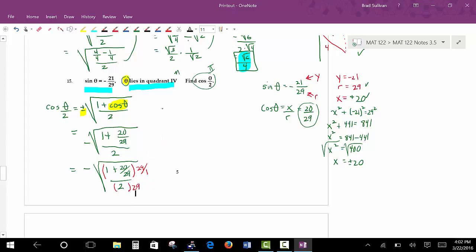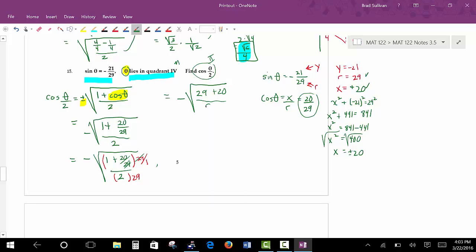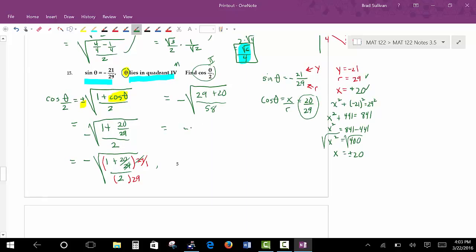Okay, let me pause. So when I multiply this out, I'm going to have 29 times 1, so I'm going to have negative square root of 29 plus 20. See, those things crossed out. And then 2 times 29 is going to be 58. So that looks like that's going to be a negative square root of 49 over 58.